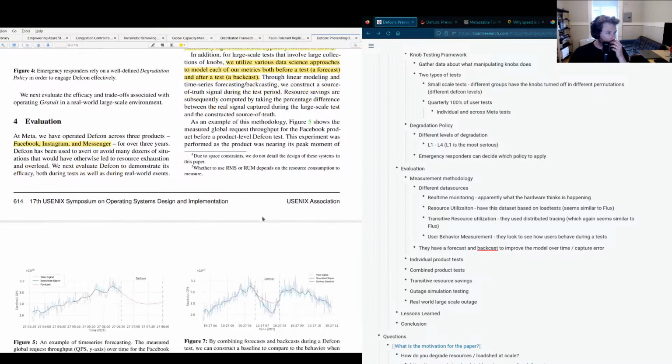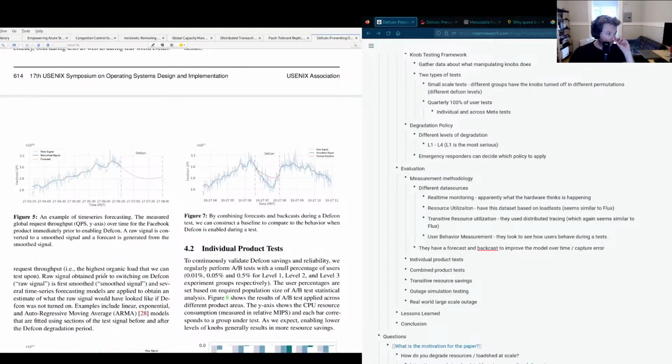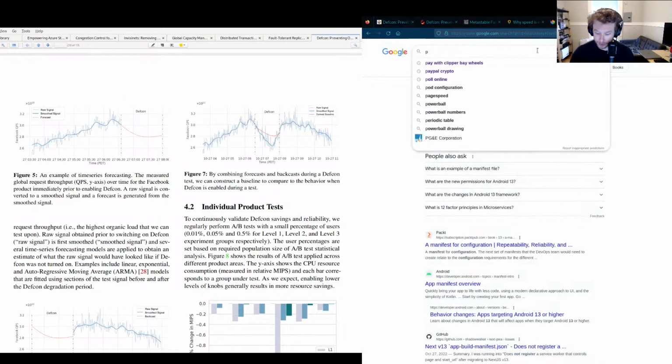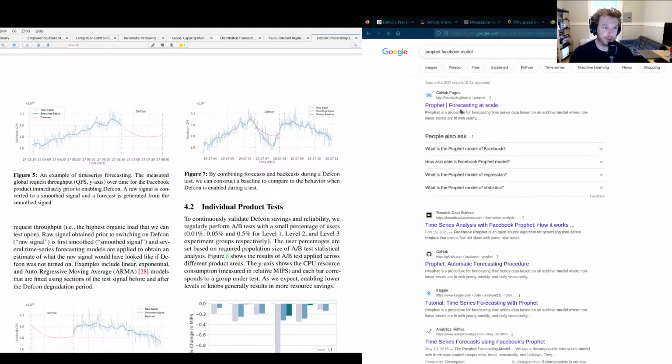Facebook also has a thing called Prophet, the Facebook model for time series forecasting.